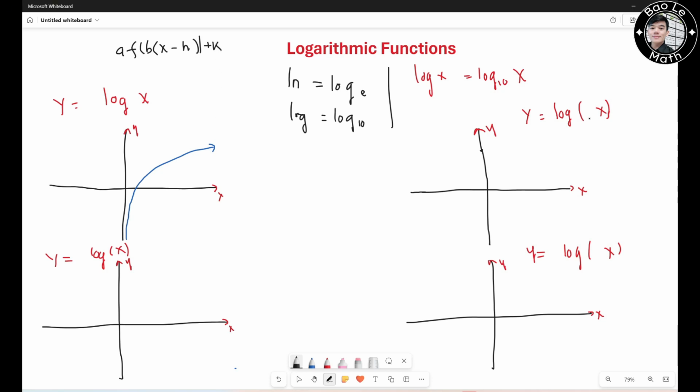If you multiply the input by -1, the function reflects over the y-axis, right? So this guy right here, it turns out to be like this, right?